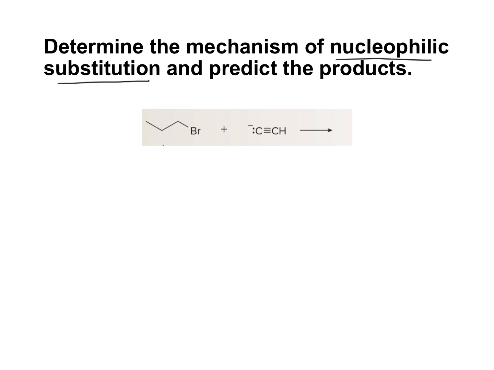So the first thing you need to look at is the alkyl halide. When we look at the alkyl halide, we see that the halogen is attached to a carbon with only one R group. So that means that is a primary alkyl halide. So it must react by an SN2 mechanism.